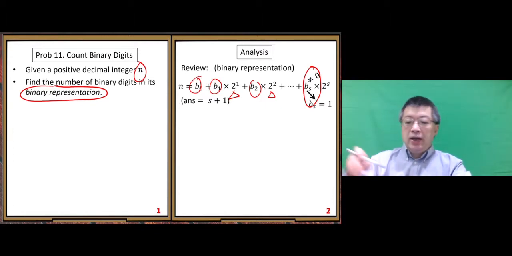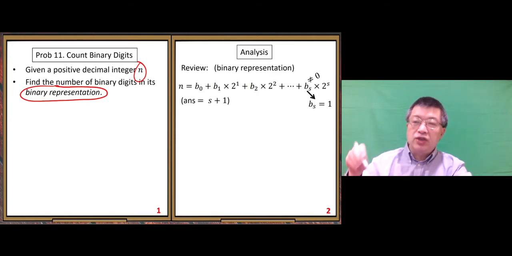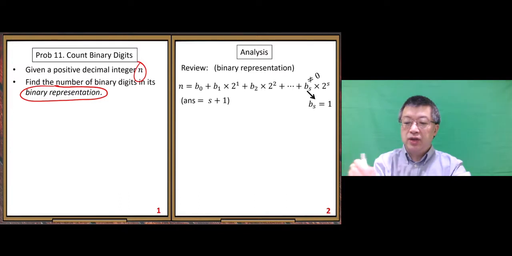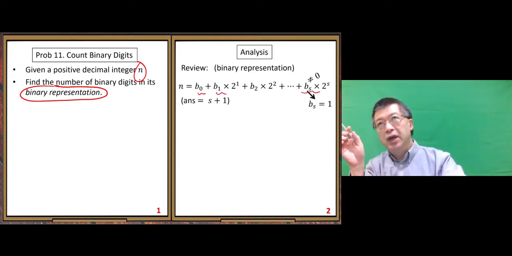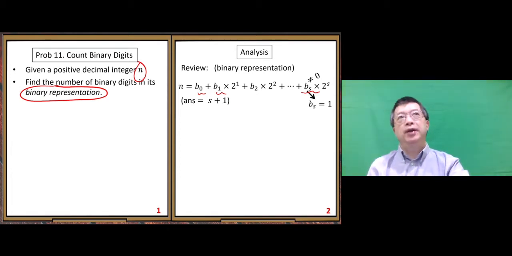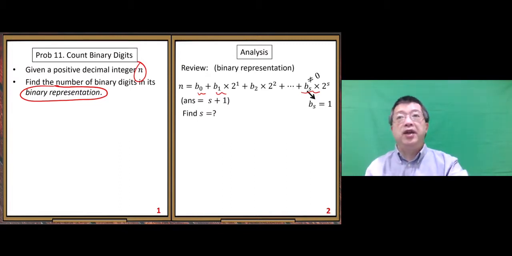All right. Now, based on the problem requirement, the answer should be s plus 1. Here, s, our subscript goes from 0, 1 through s. So if you count the number of bits, that total number is s plus 1, not s. But if we can find the s value, then we can find the answer.